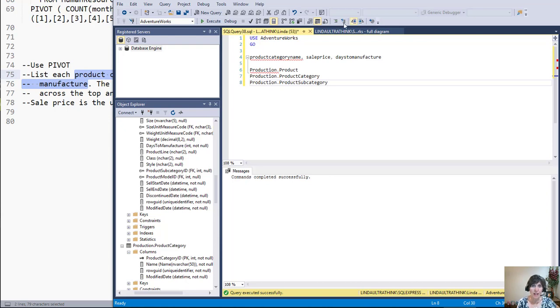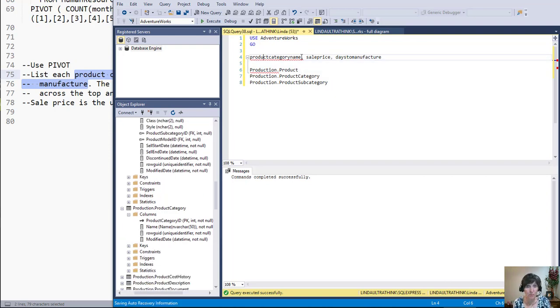And it looks like it's going to take all three of those to get that category name. And when we get there in the product category, it's just simply going to be called name. So what we're looking for is name, is the column that we're looking for.